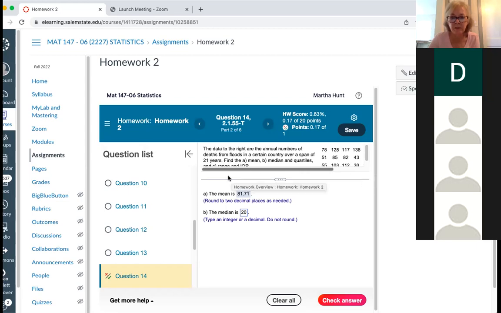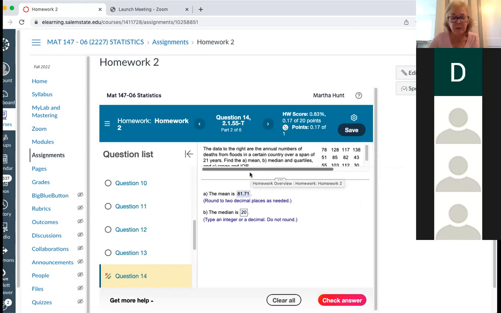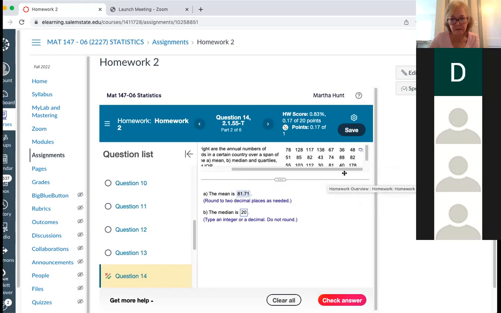So see the slider bar here? In order to open this in StatCrunch, which I definitely want to do, I'm going to have to use this slider bar to get over here and click on this. What we've got is the number of deaths by flood in a certain country.